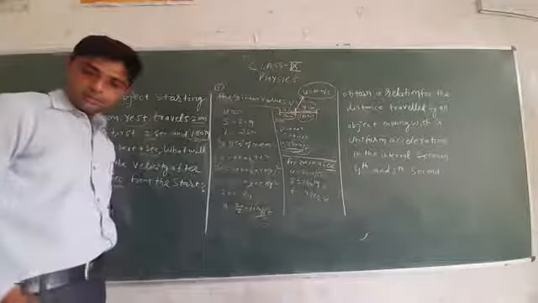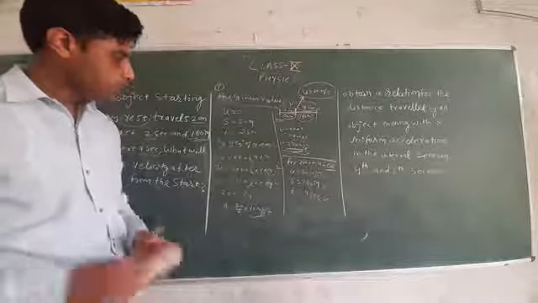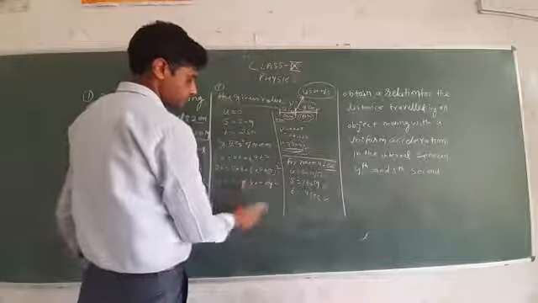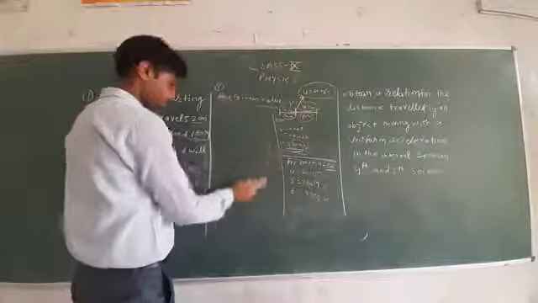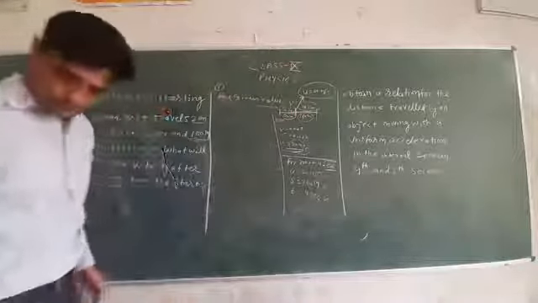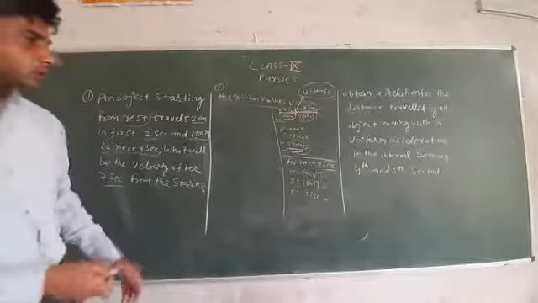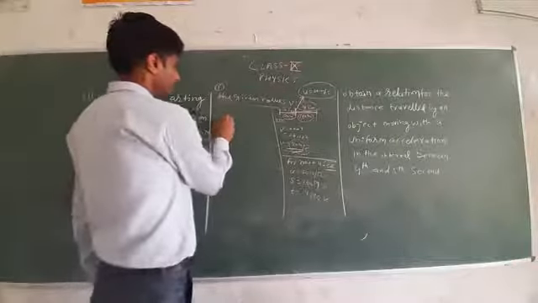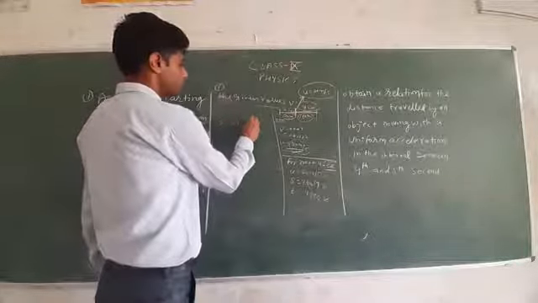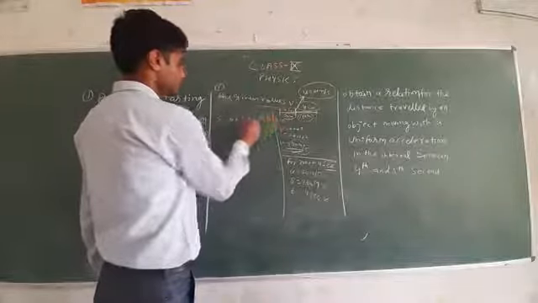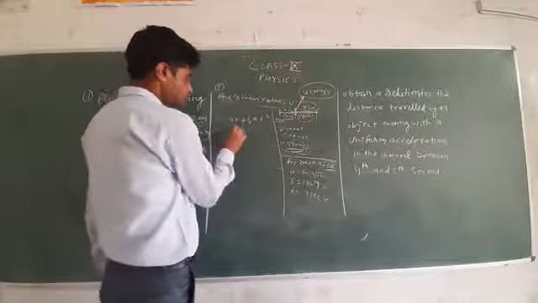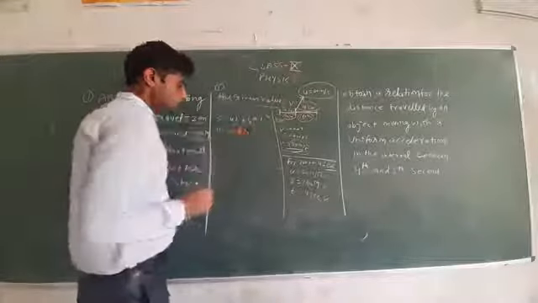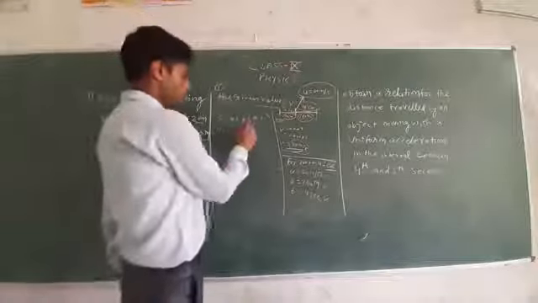These values are given, so we have to check what the acceleration is. By putting the values, you can check s equal to ut plus 1 upon 2 at square. So s is 160, u is 20 and t is 4.